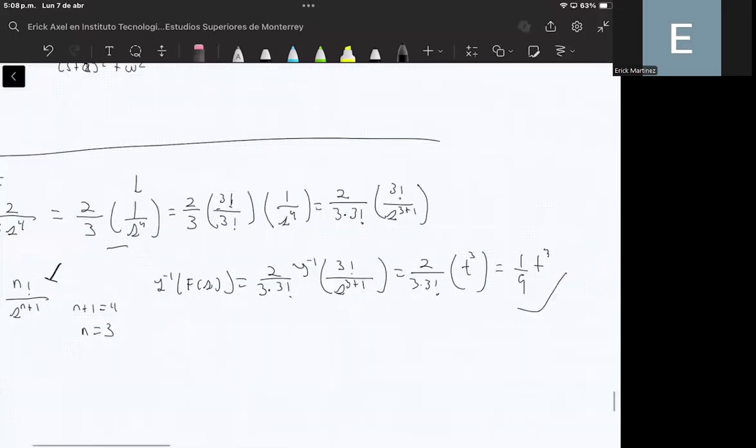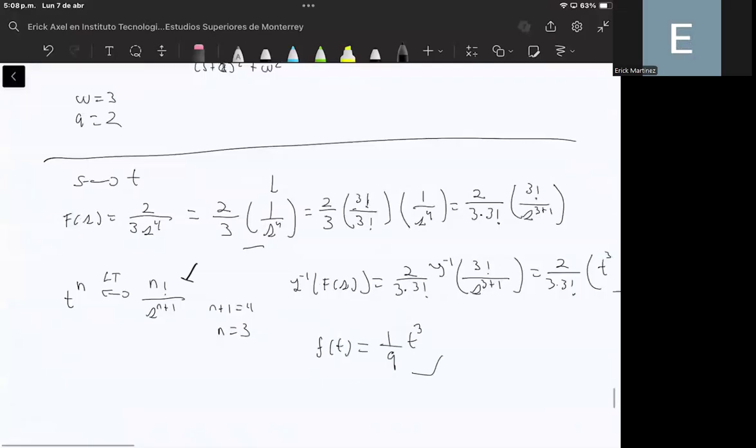So we have computed the inverse Laplace transform, and we can say that f of t is equal to 1 over 9 times t elevated to the third power. And this is the final result. This is the way in which you can compute it.